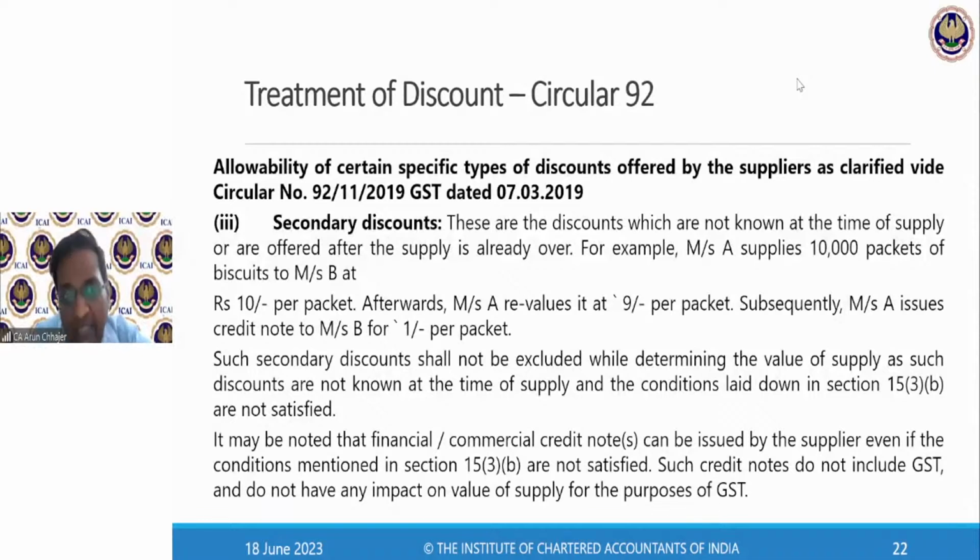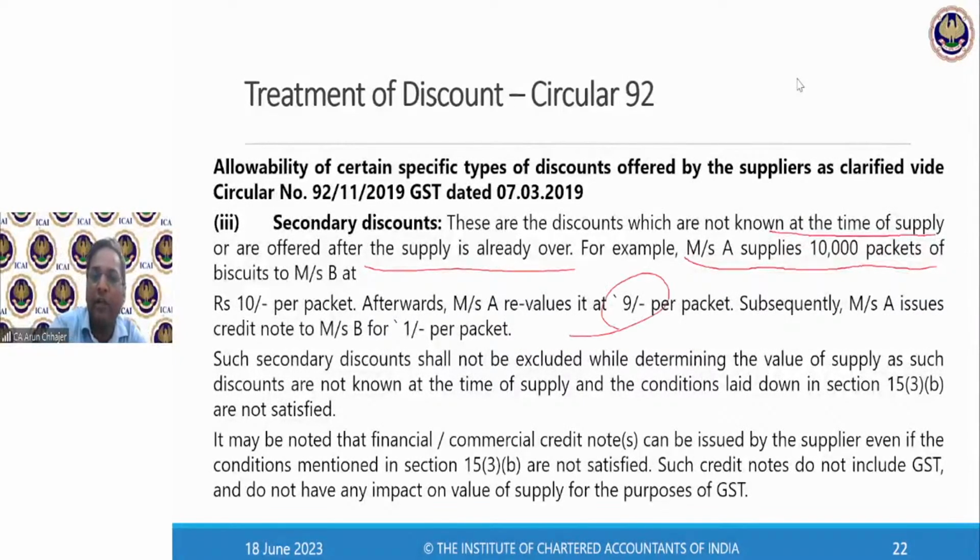Now, the third situation. Secondary discount. These are the discounts which are not known at the time of supply and are offered after the supply is already over. For example, Messrs A supplies 10,000 packets of biscuits to B at rupees 10 per packet, and after that A revalues at rupees 9 per packet.